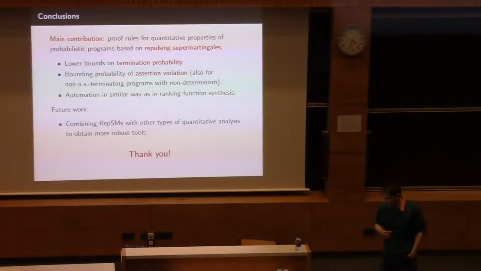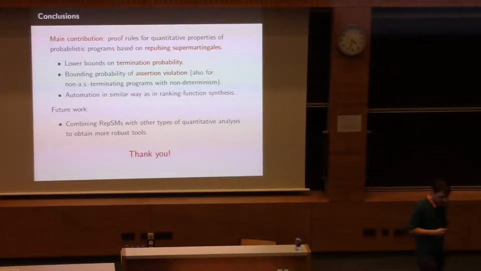For us, if the program terminates with probability less than 1, then its expected runtime is infinity because you have positive measure of non-terminating runs. Of course, what you could do is condition on the run terminating and compute the conditional expectation of the runtime of terminating runs.